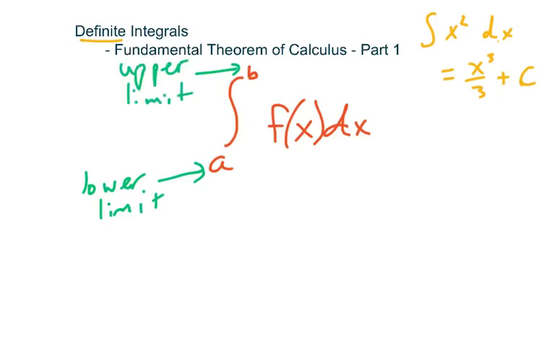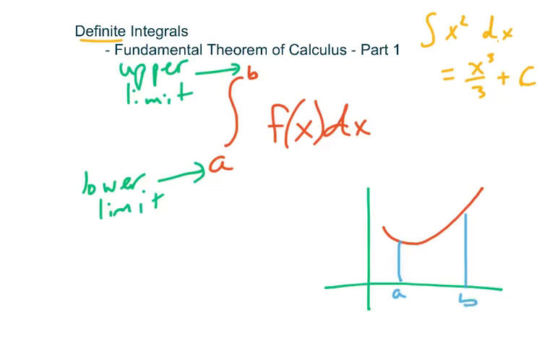Those limits are telling us that if I have some function that I want to find the area under, I'm starting here at a and ending here at b, so the upper and lower limits tell me what interval of x values I'm looking at. So I start at a, I end at b, and that tells me I'm looking to find this specific area under the curve.